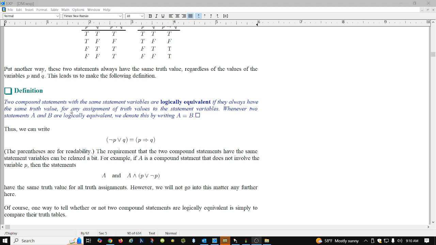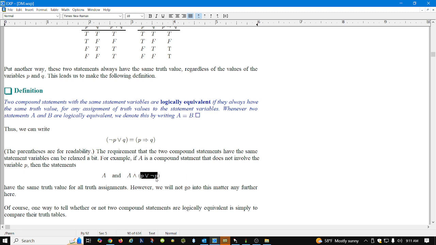I did say here that the two statements should have the same statement variables. That's not, strictly speaking, required. For example, if you look at these two statements, let's say A is a compound statement that does not involve P, and then we tack on a conjunction with P or not P. P or not P is a tautology.